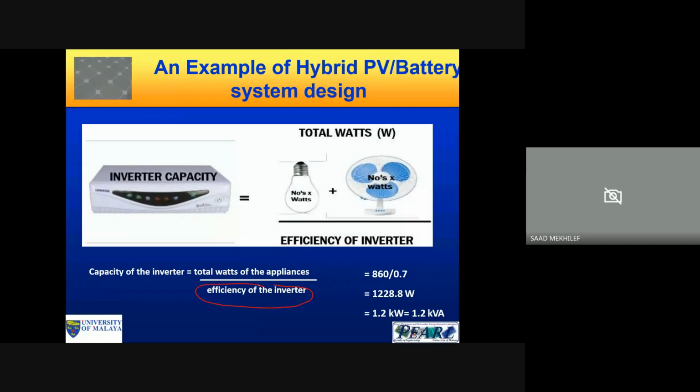But if we assume the inverter efficiency is 1, then it will be 1.2 kVA. But don't worry about this one, we will come to it later. So we get the inverter size.